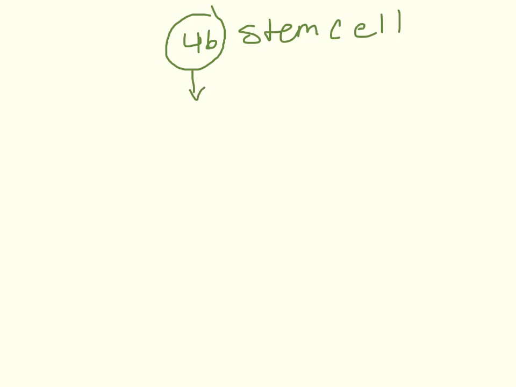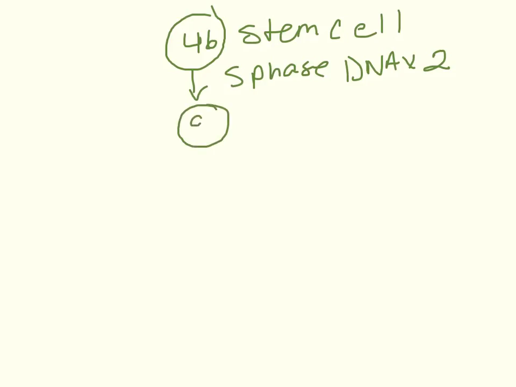We have our stem cell. It has 46 chromosomes. It goes through the S phase of its cell cycle where DNA replicates. So then it has 92 chromosomes. It goes through meiosis 1.